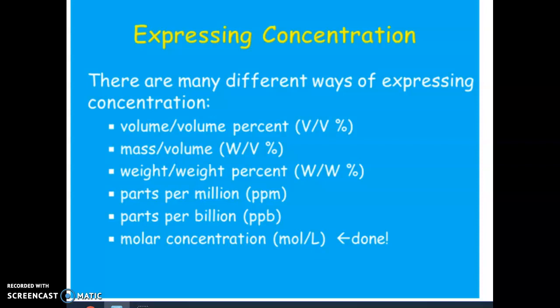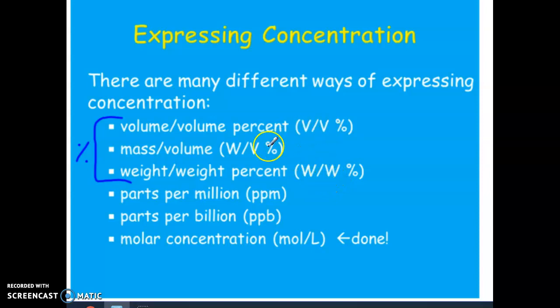So, as I mentioned, there's many different ways. The first three are lumped together. They're known as percent concentrations. So we can refer to concentration as volume and volume percentage, mass or weight per volume percentage, so the W is for weight, and volume, or weight and weight or mass and mass, however you want to think of that percentage.